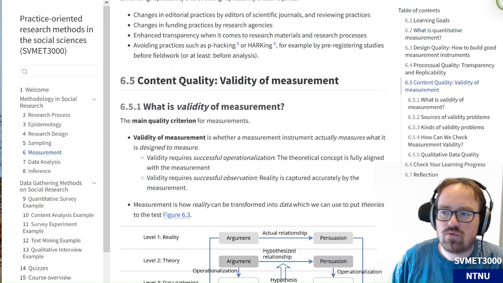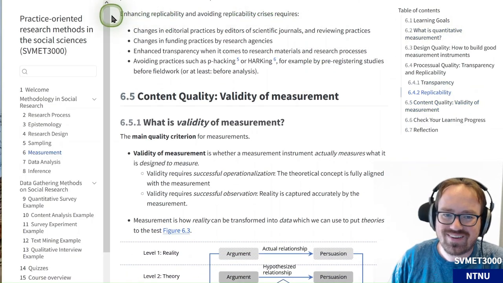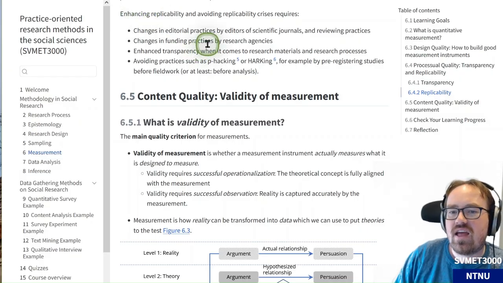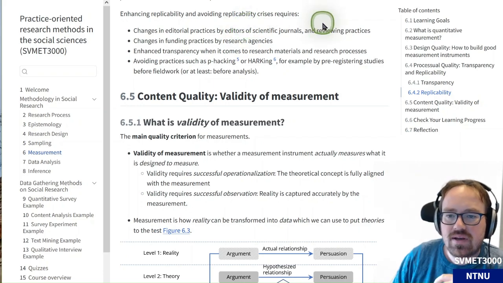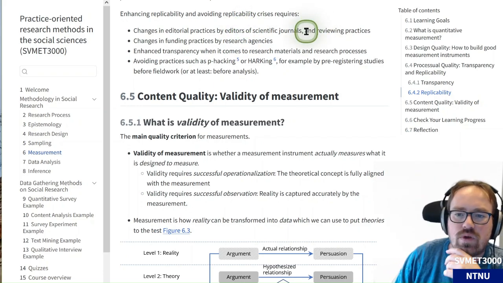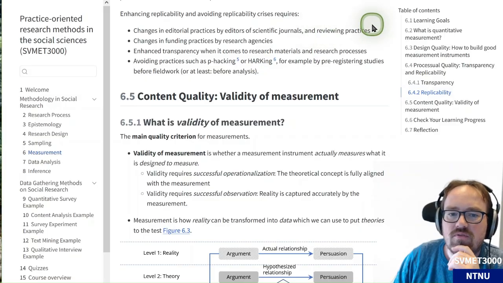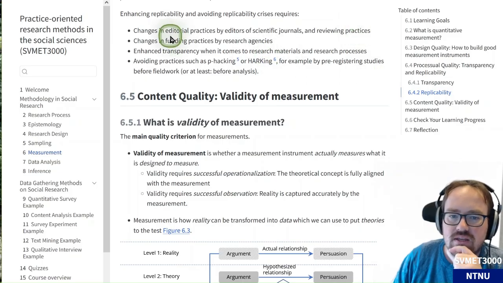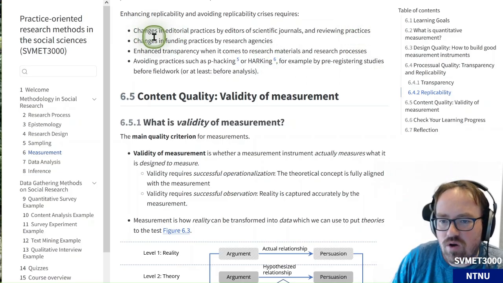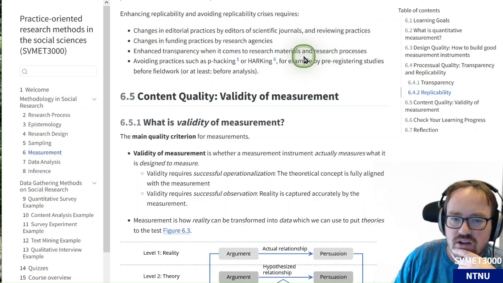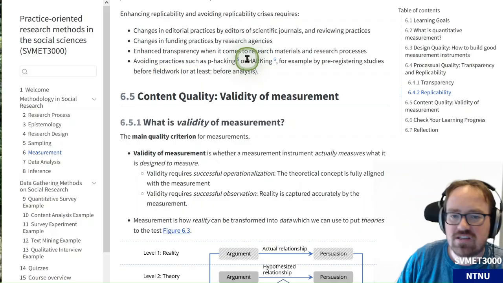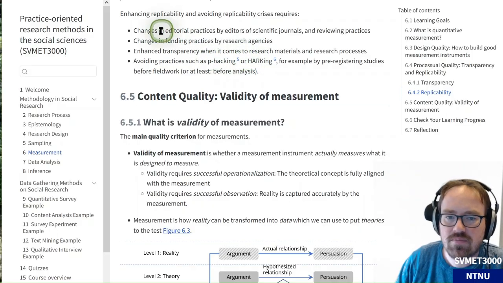Good. So it's up to new generations of scientists to enhance replicability and avoid so-called replicability crises as we have observed them in some fields. And strategies to enhance replicability are, on the one hand, if you are an editor of a scientific journal or a reviewer for a scientific journal, to be aware of these biases towards novelty, towards innovativeness, and against replication studies.